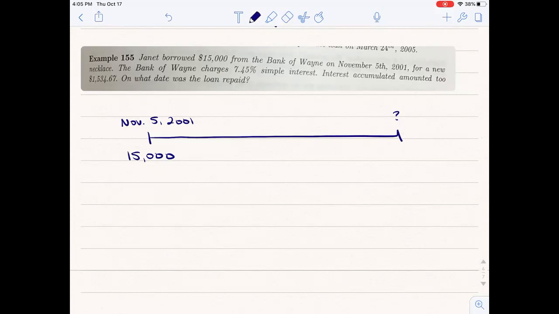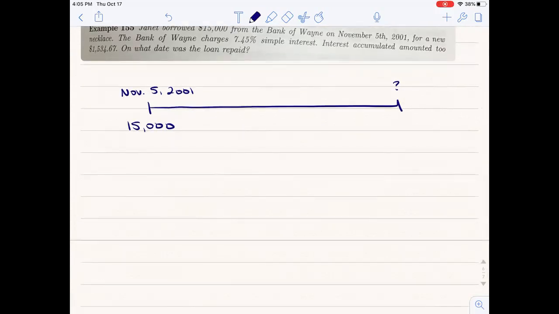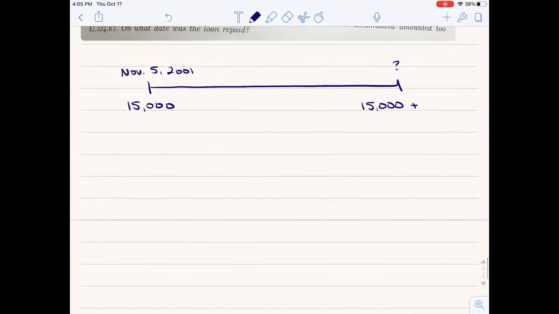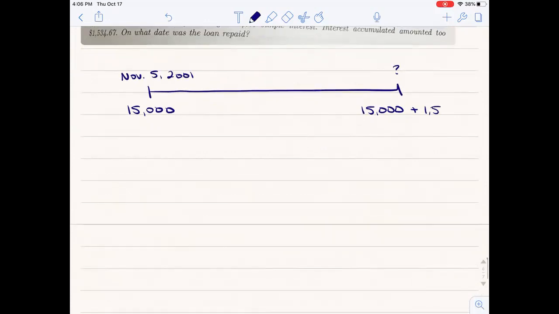We know the amount that she had to pay, right? We do have to do a little bit of work because she would have to pay back $15,000 plus $1,534.67.